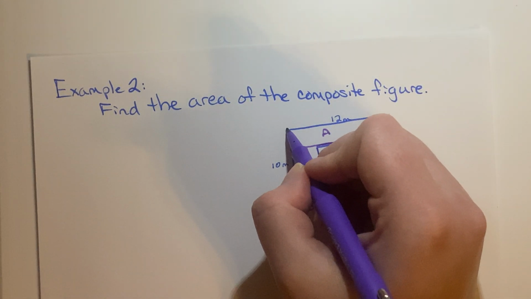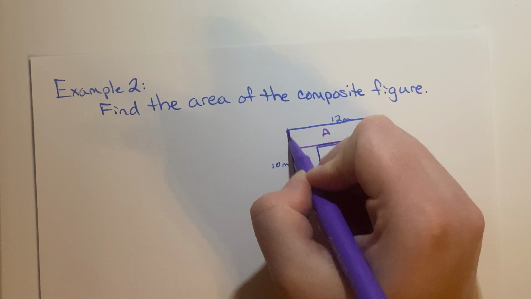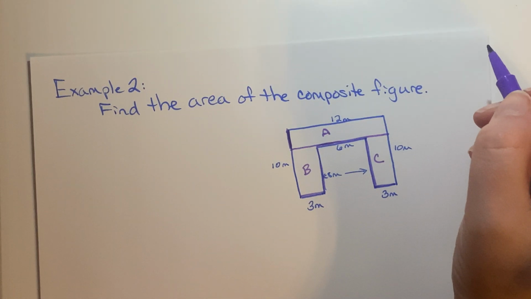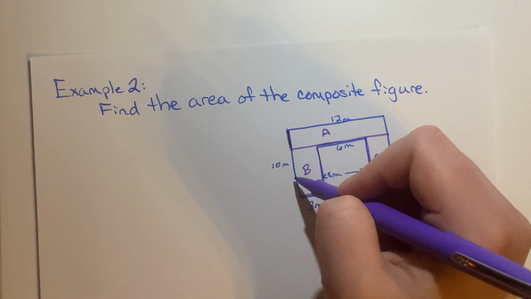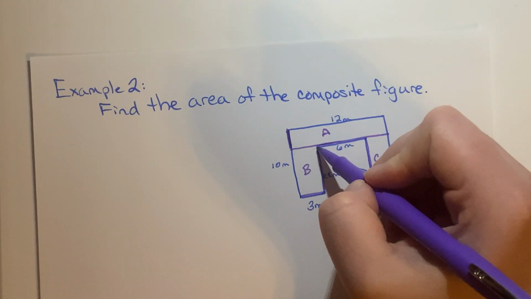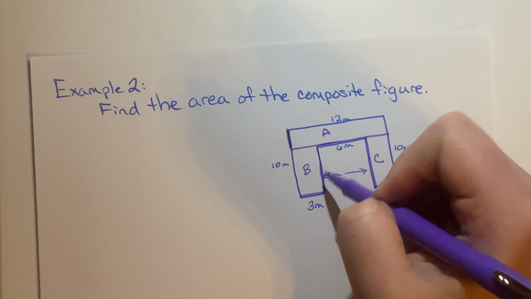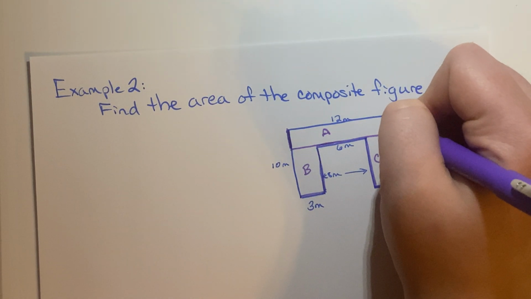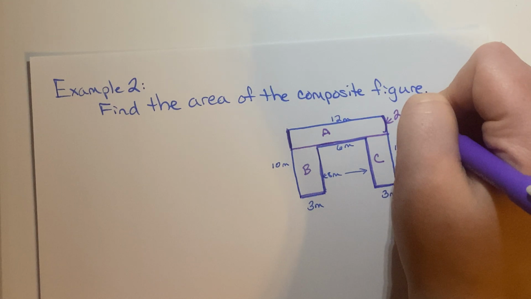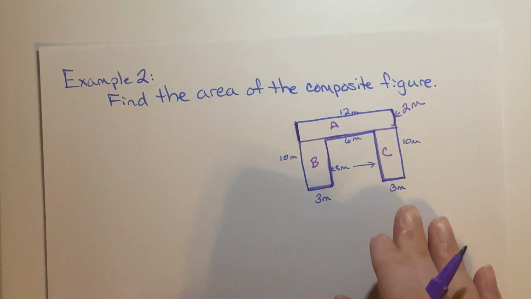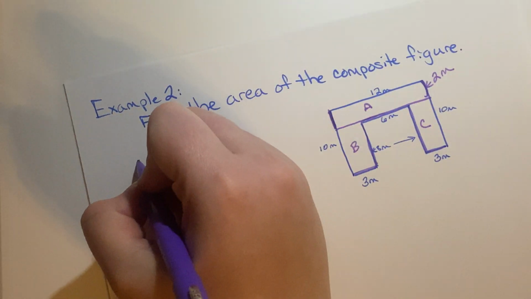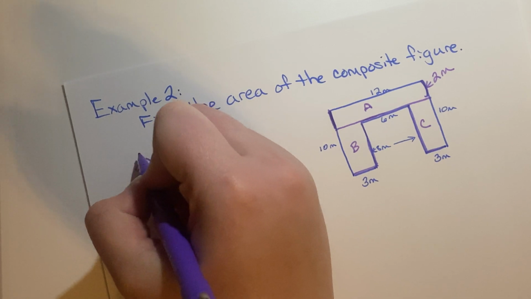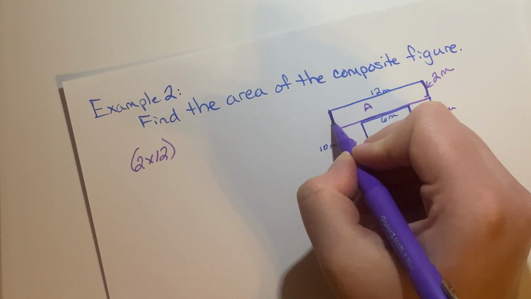We've got to figure out what this side equals for this one. Well, this whole thing equals 10. And if this equals 8, then 10 minus 8, this little teeny tiny spot right here must equal 2. Okay? So for A, we had 2 times 12 because 10 minus 8 equals 2.